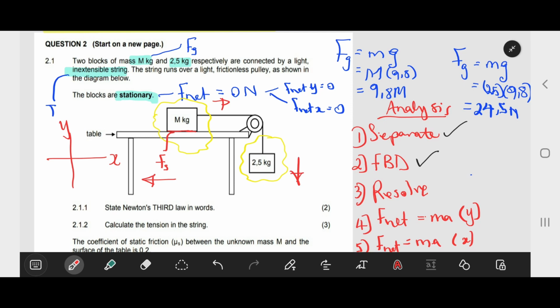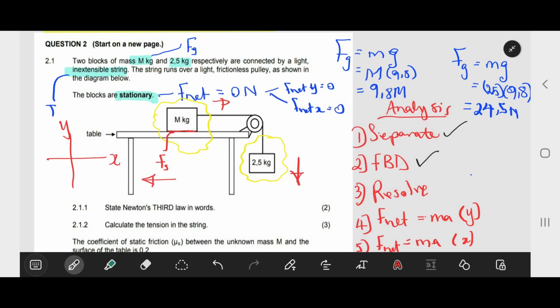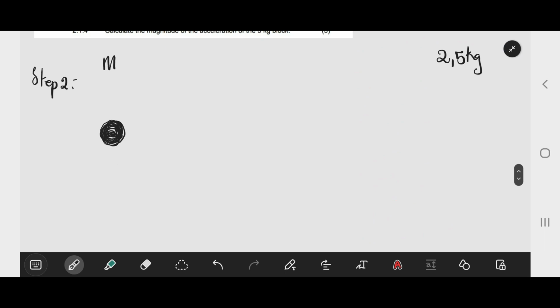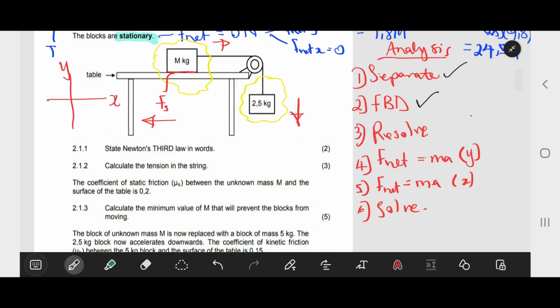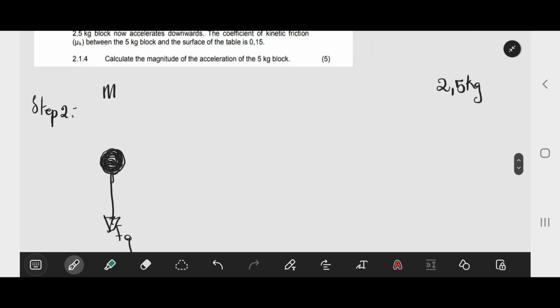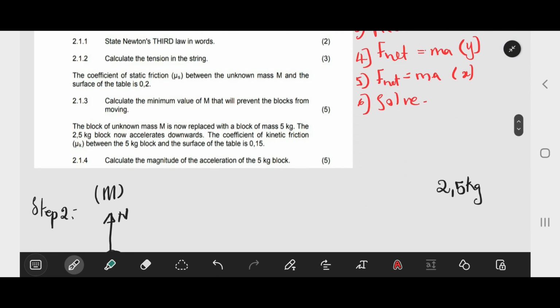Okay, so let us look at the free body diagram. The first force that we have is the gravitational force, because we have a mass of m kg, so we have gravitational force going downwards. The second force is the normal force, which is exerted by the table on the object, so we have the normal force going upwards, and we have tension going to the right.